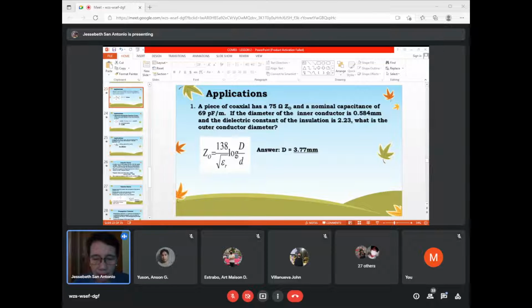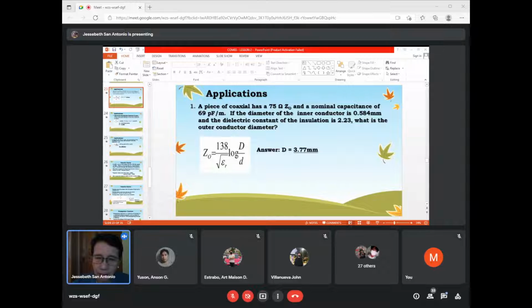Yan ay kapag hindi binanggit ang dielectric. Pag binanggit ay hindi air ang dielectric. Minsan, baka yan ang ipahanap sa inyo, kasi maraming pwedeng ipahanap from this equation. Pwedeng ipahanap ay ZO, direct substitution lahat.